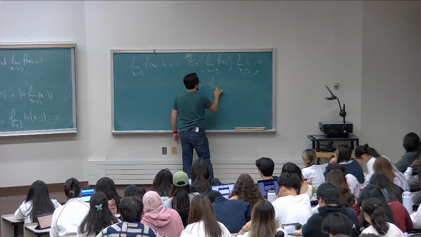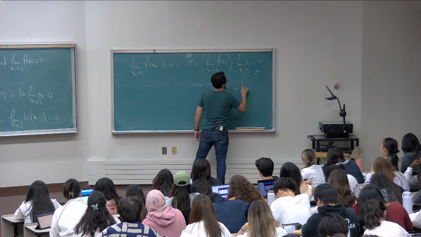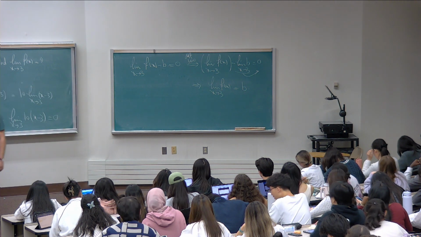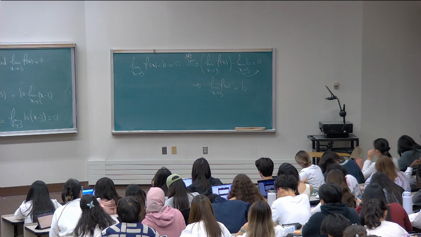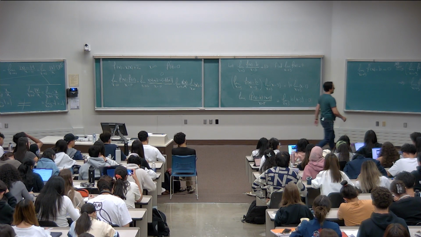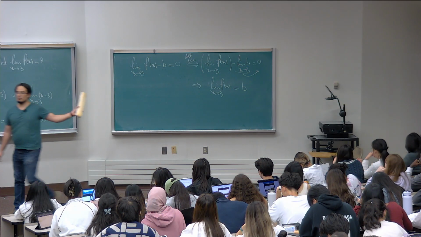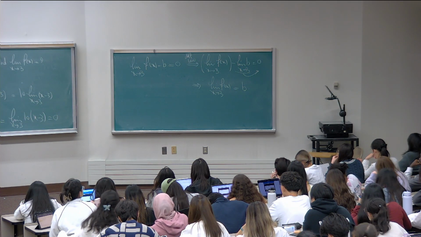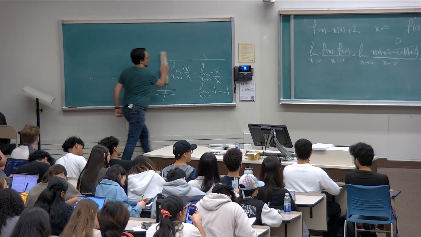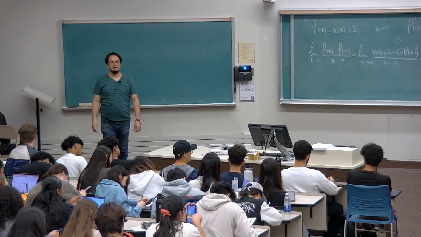So I get the limit of f of x as x approaches 3 is equal to b. Why is that limit important for me? Before I say that, is there any question or any comments on what we have written on the board?